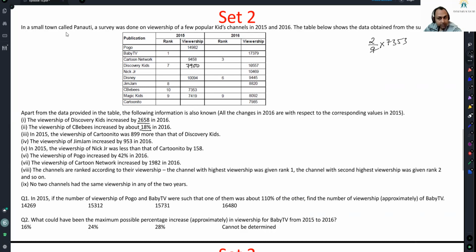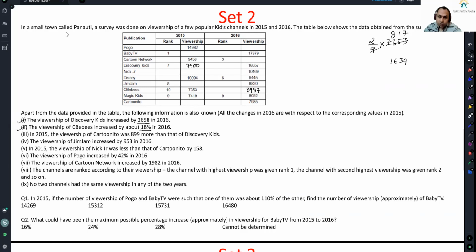I see 7,353 to be a multiple of 9, and therefore 2/9 pops in my head. 1,634 more. So 53 plus 34 is awesome, 87. And 73 plus 16 is awesome, 8,987. This is what I should be getting. Okay. So CBs is also done.